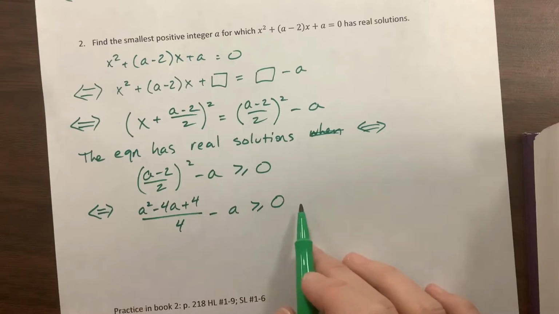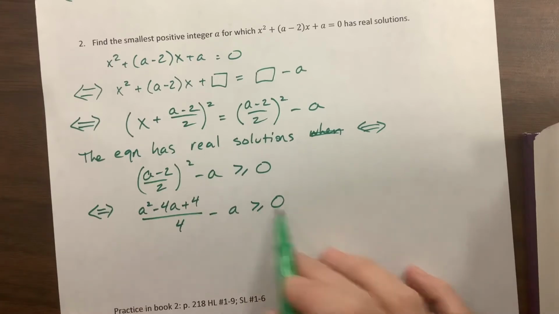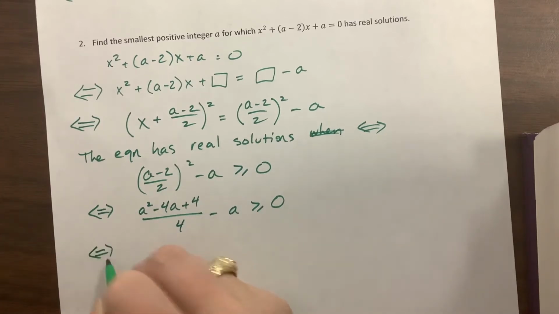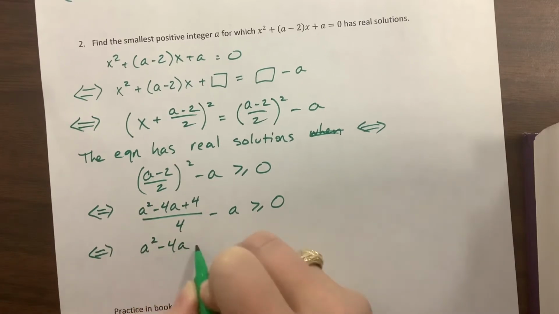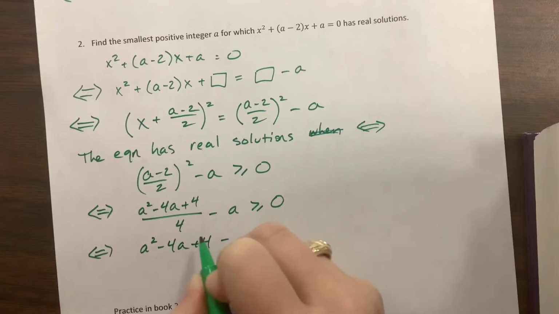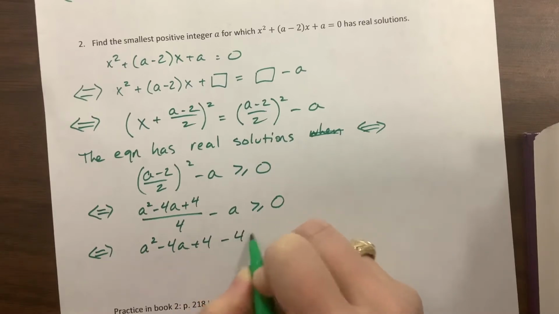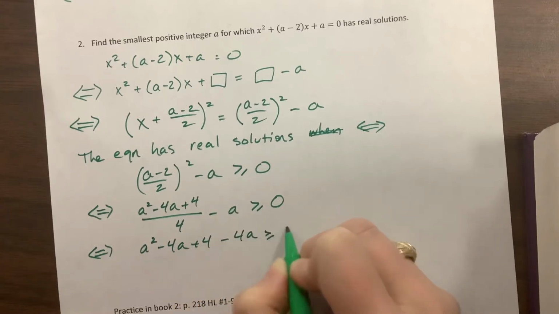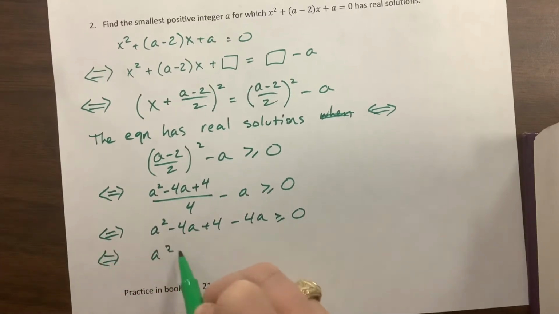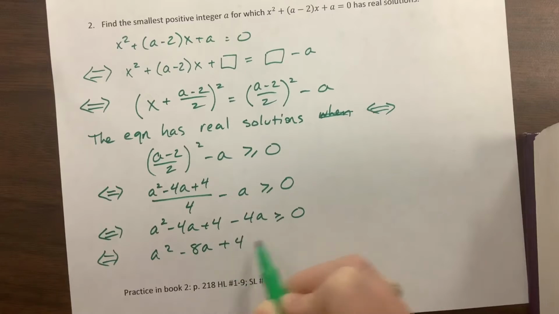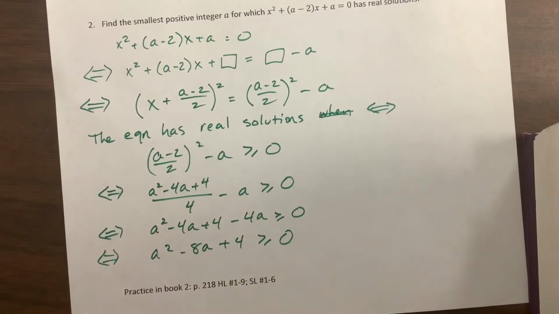I can multiply everybody by 4, and so minus 4a has to be greater than or equal to 0. This would be equivalent to saying a squared minus 8a plus 4 has to be greater than or equal to 0.